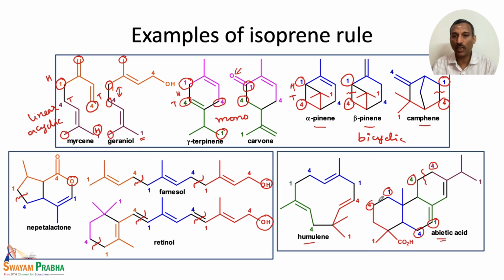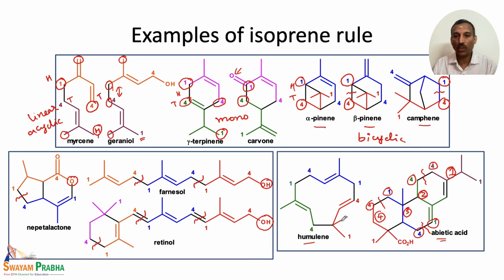So there are three different combinations that are possible in this particular case, and that leads to the formation of abietic acid. And of course we can exactly say this is one isoprene unit, and this is a second isoprene unit, this is a third isoprene unit, and this is a fourth isoprene unit. So there are four isoprene units which are combined together to give abietic acid.